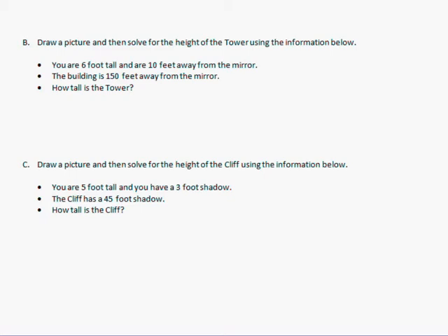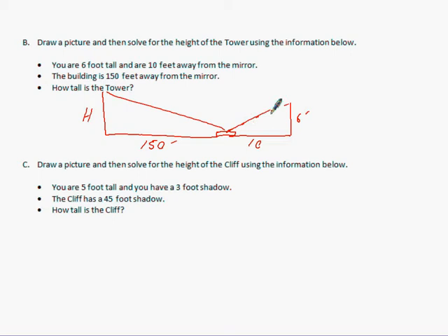So, B. Draw a picture and then solve for the height of the tower using the information below. You are 6 foot tall and are 10 feet away from the mirror. Well, looks like it's mirror method. Here's the mirror. You are 10 feet away and you are 6 feet tall. The building is 150 feet away. And how tall is the tower?